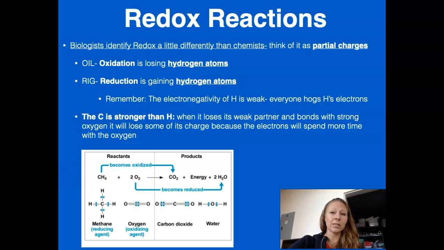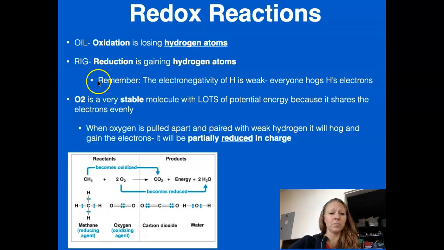So let's look at this a little bit more. Let's keep thinking about this. Remember that the electronegativity of H is weak. Everyone hogs H's electrons. Remember that. So let's look at O2. O2 is a very stable molecule with lots of energy. It is sharing those electrons evenly, and so there's lots of energy in there.